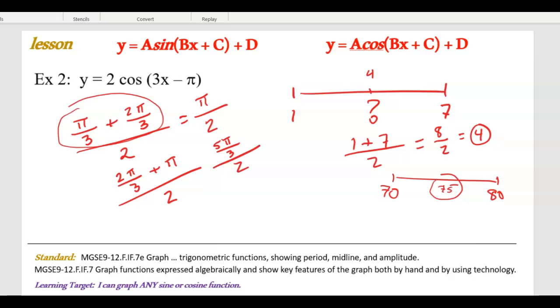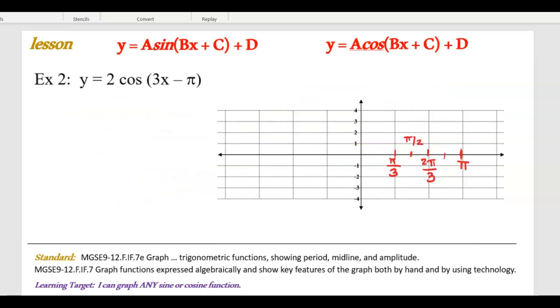Anytime you divide a fraction by 2, you are going to double the denominator, which gives me exactly 5 pi over 6. Okay? And that takes me to 5 pi over 6. So, I have to label 5 exact values on the x-axis.